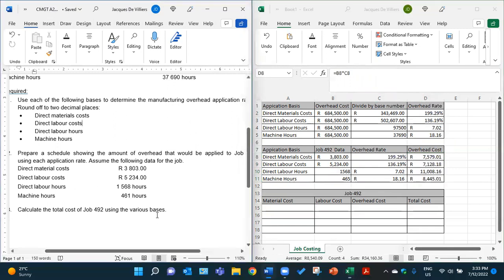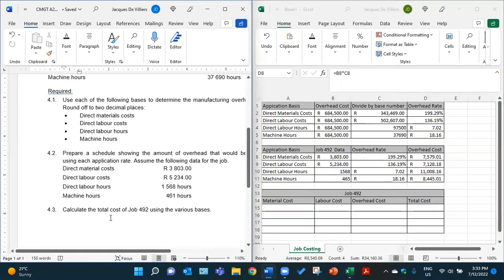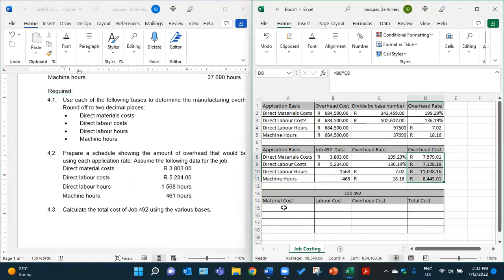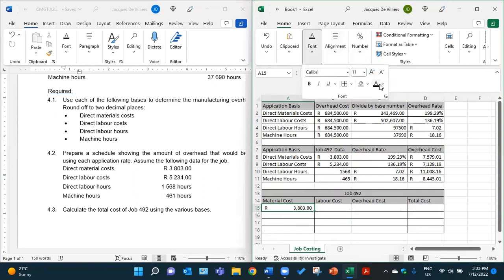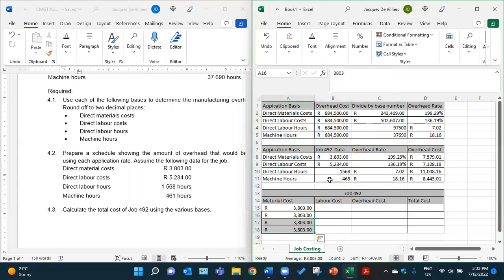Now that we've done that, they say to us, calculate the total cost for job 492 using the various bases. So what do we do now? We say, okay, the material cost in each of these cases is given, and it will not change. It is that direct material cost that we have there, because now we're only looking at job 492.